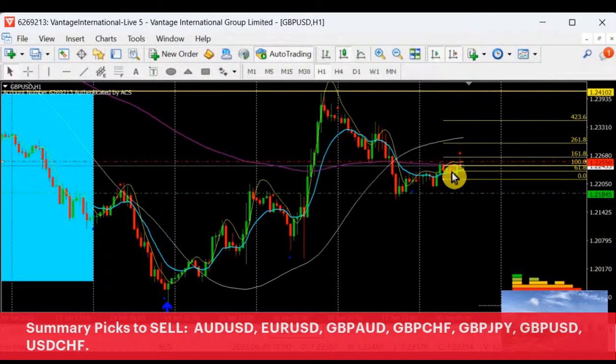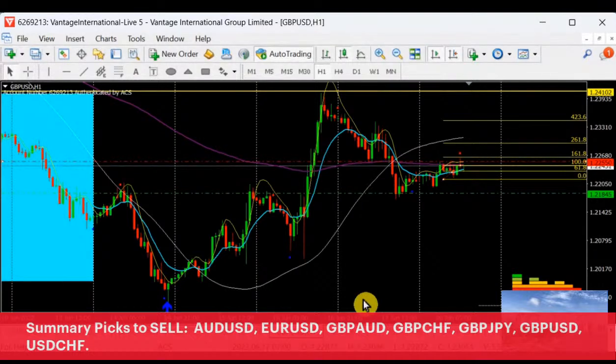If it swings down, probably you can grab some from there, testing this area to go for selling. But based on the overview, buying is possible over here.